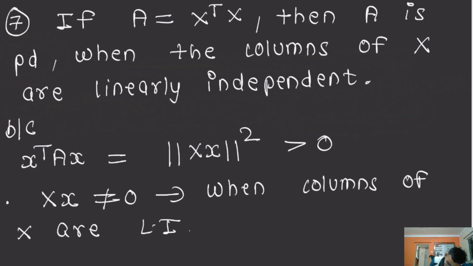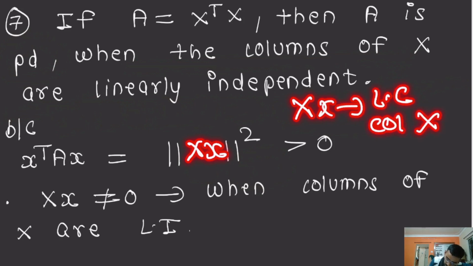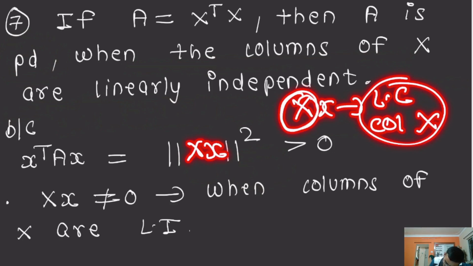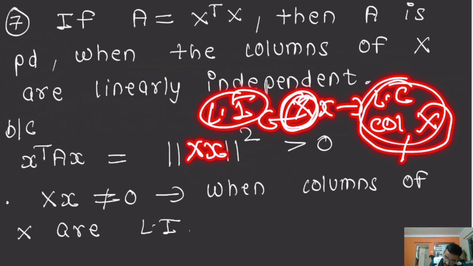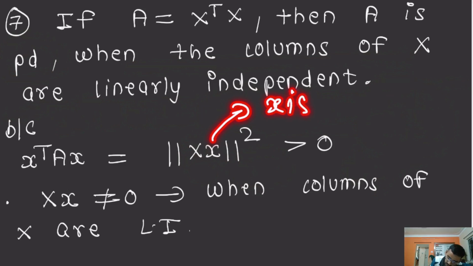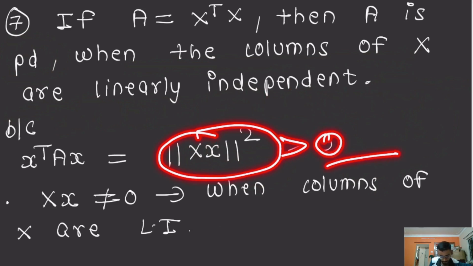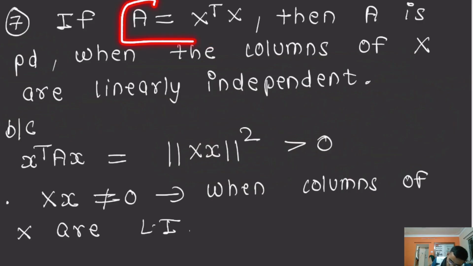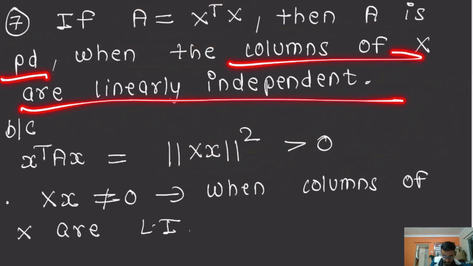So if the columns of X are linearly independent, then capital X into small x can be seen as a linear combination of columns of X. Since the columns are linearly independent, the linear combination of columns of X will never be 0 when x is non-zero, as we have already seen, and hence this term is always greater than 0. Hence if A is equal to X transpose X, then A is positive definite when the columns of X are linearly independent.